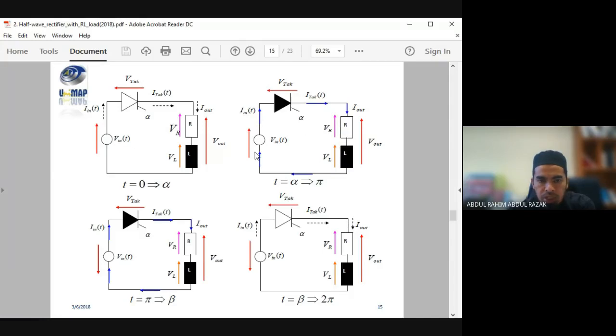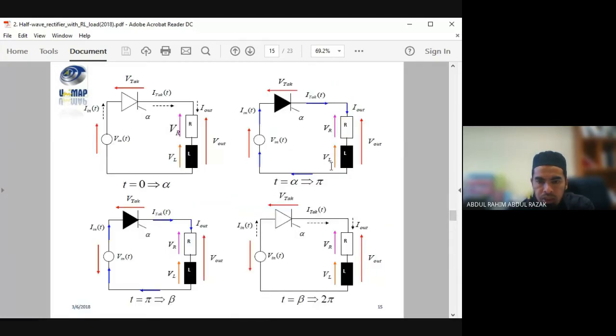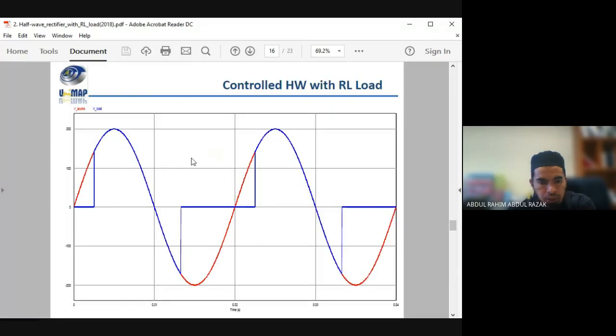So that's from the current point of view. In terms of voltage, we have a blocking voltage from 0 to alpha. And the voltage will increase from 0 to a certain value when it enters alpha to pi.